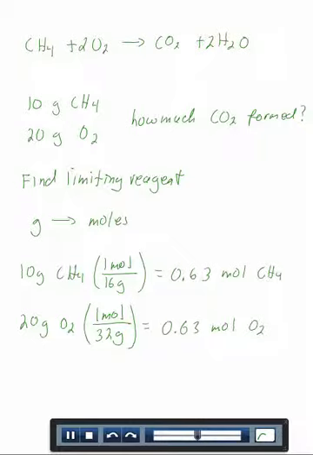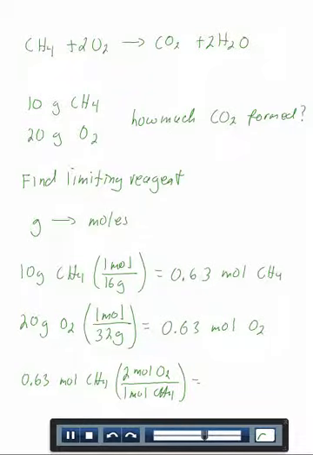Now we can find the limiting reagent. So we'll just pick one. We'll say 0.63 moles of methane. And we use the stoichiometric coefficients from the balanced equation to convert to moles of oxygen. So 2 moles of O2 per 1 mole of methane from the balanced equation.